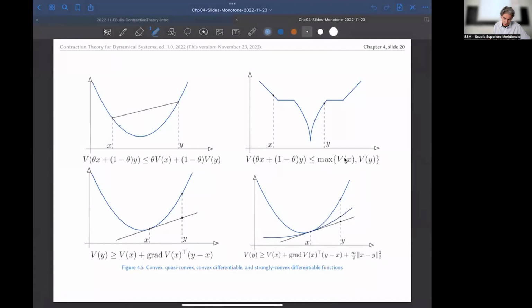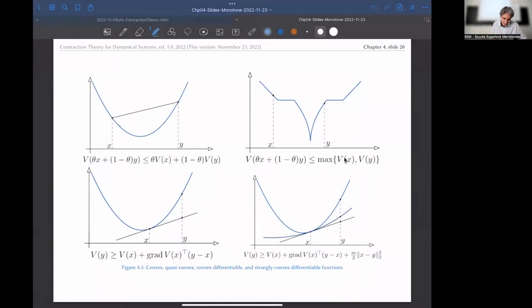So a function is convex. Here I have four pictures of functions that are convex or quasi-convex and have various properties.